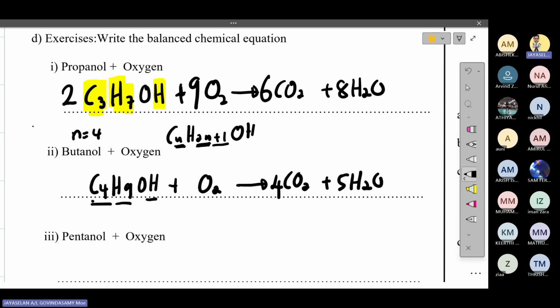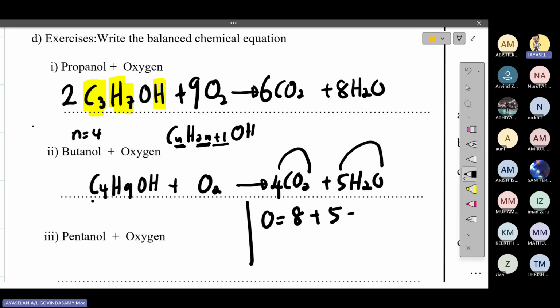After you do this, calculate the total oxygen present at the right side of the equation. Oxygen here 4 times 2, 8. Here 5. Total you get 13. So how to get 13 oxygen? 1 plus 12, you get 13. So how to get 12 here? 6 times 2.